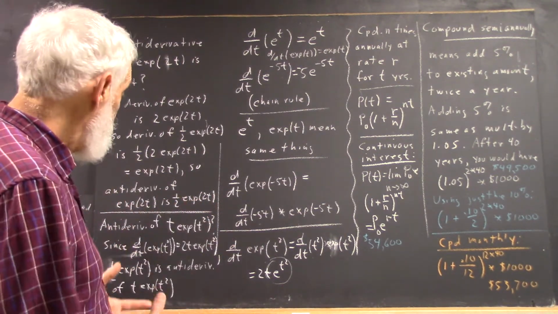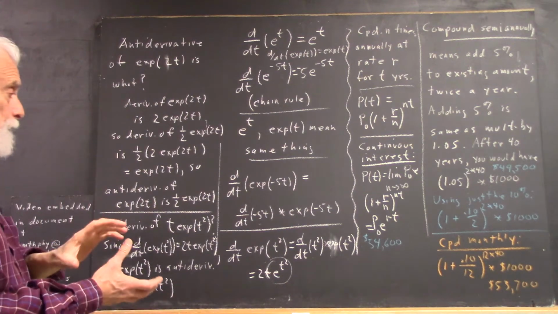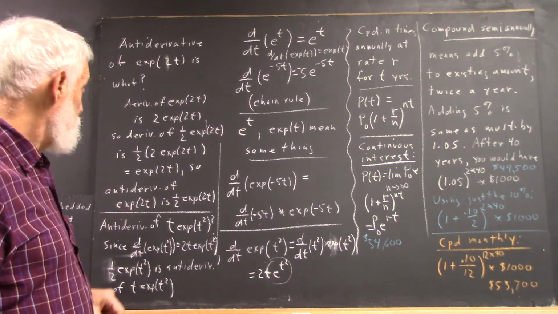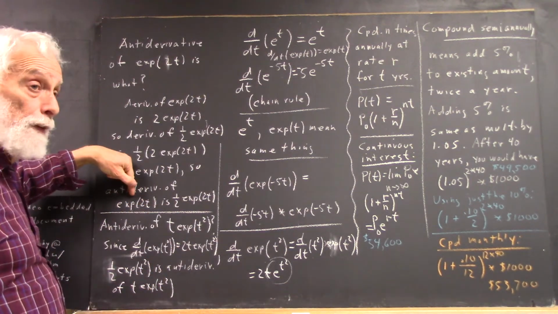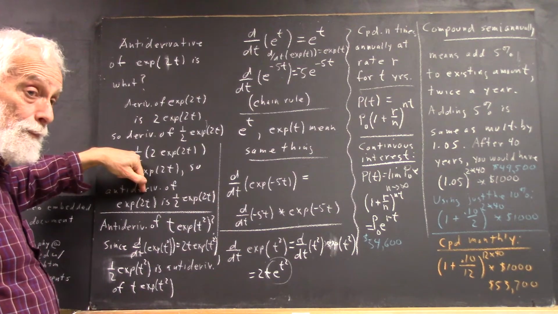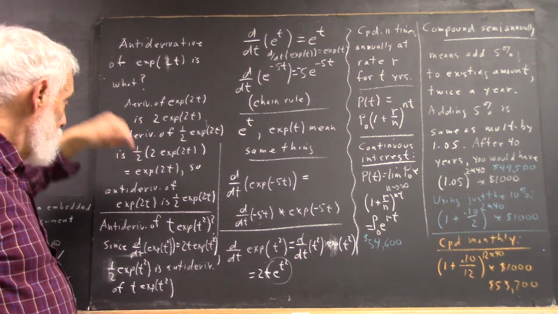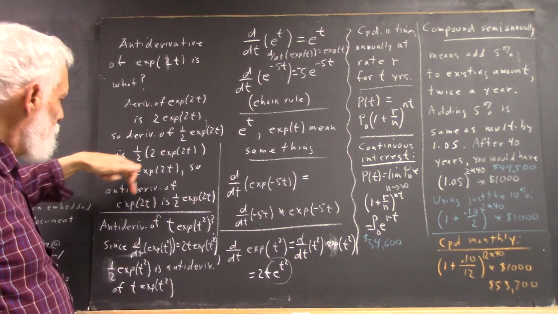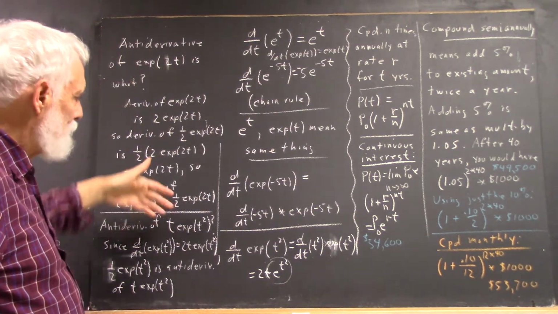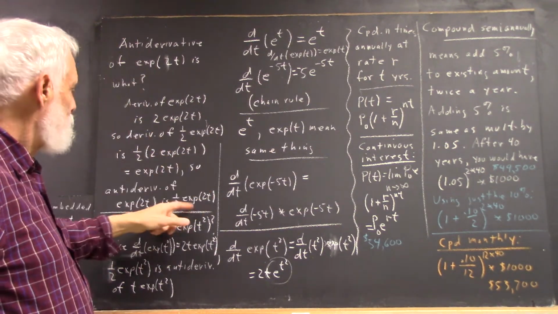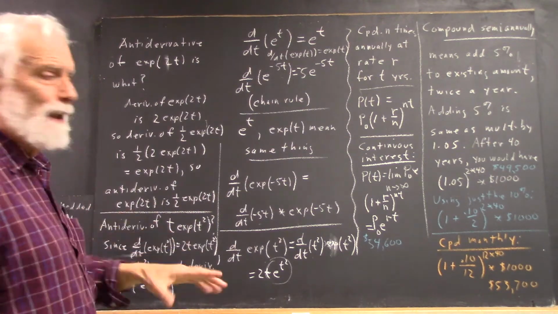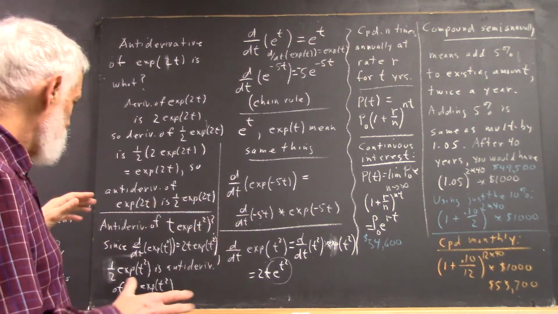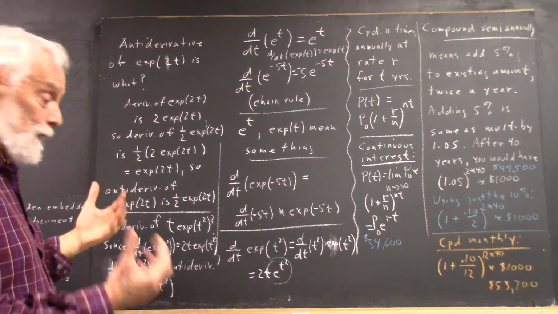And if you think about it, you can see how the chain rule is kind of used backwards to figure this out, because the derivative of this would be 2 times this. If the derivative of this is 2 times this, then if you take half of this, the derivative will just be this. Now, you have to think about that. You're not going to understand that just by listening to me say it.